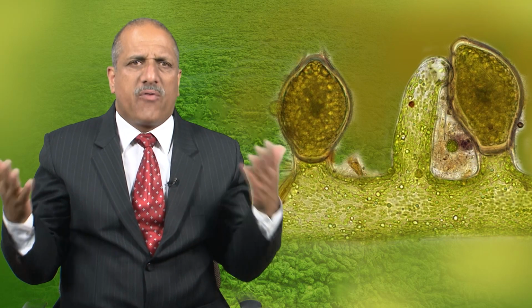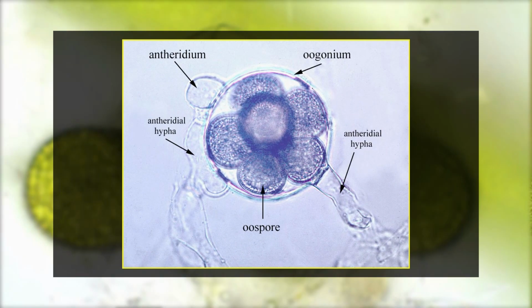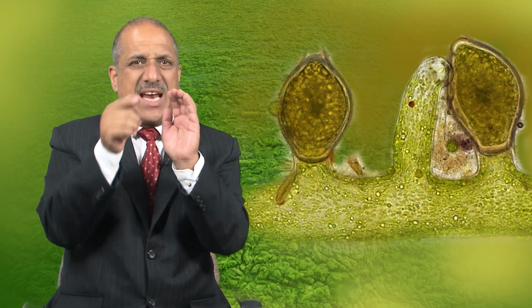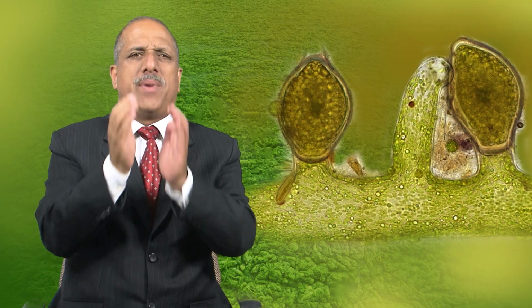Now, let us see how fertilization takes place. As a rule, fertilization is favored by water and occurs in water. During fertilization, antheridia and oogonia mature almost simultaneously. The tip of the apical beak of oogonium gelatinizes to form an aperture.